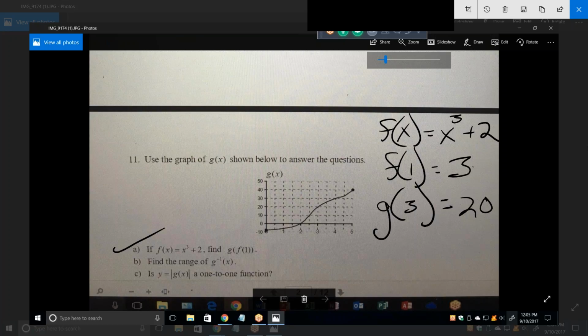If you draw the function y equals x, which is something like that, and then you reflect g of x over that line, you will get g inverse of x.